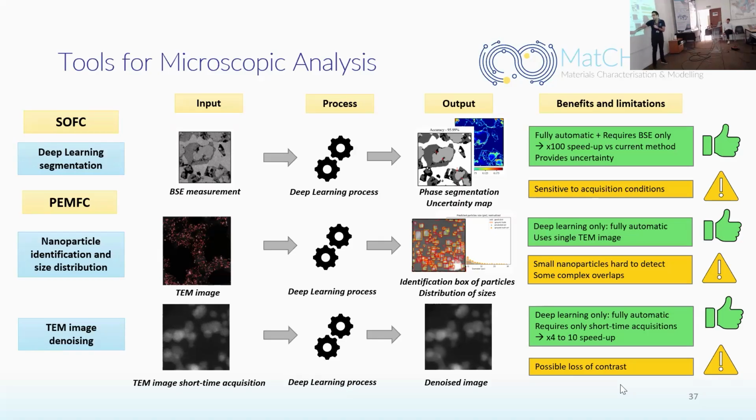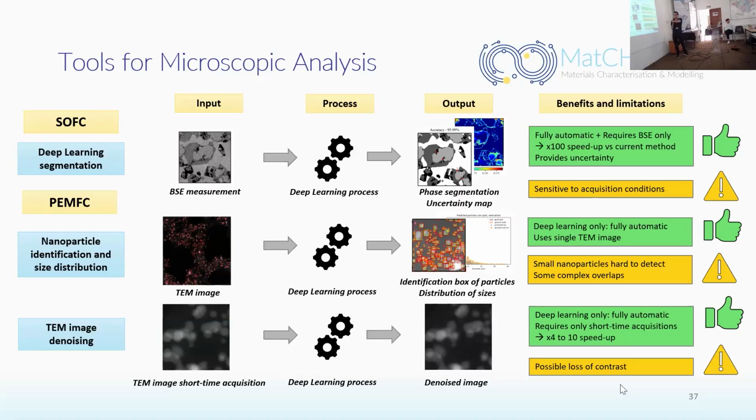However, it would be interesting to have shorter time. By using shorter time, we have a degradation of the quality of the acquisition. However, by using some denoising algorithm, we wanted to recover the quality of a long time acquisition by using only a short time acquisition. So we have developed a deep learning tool.